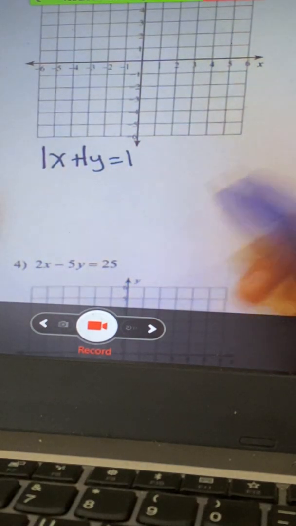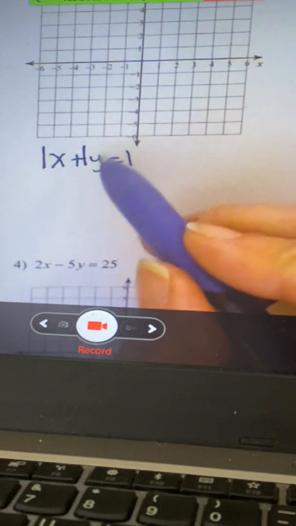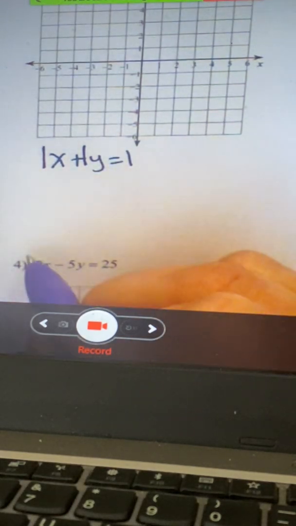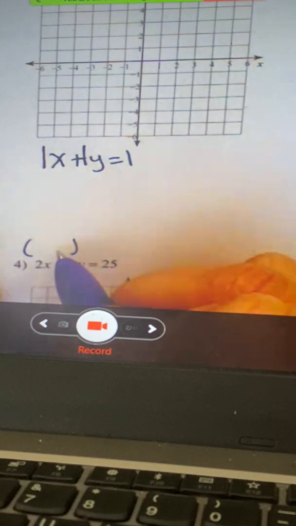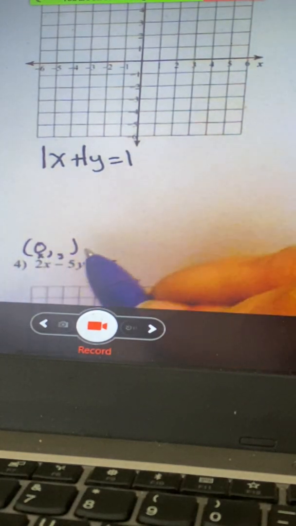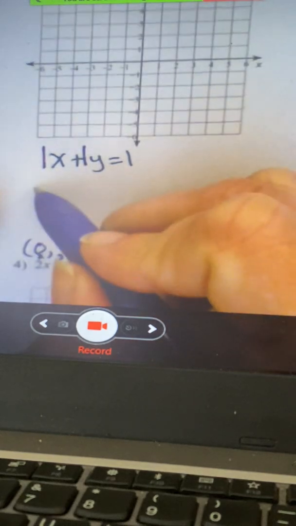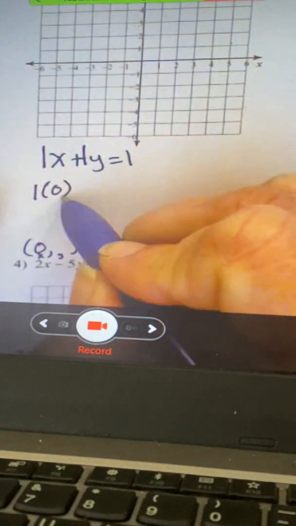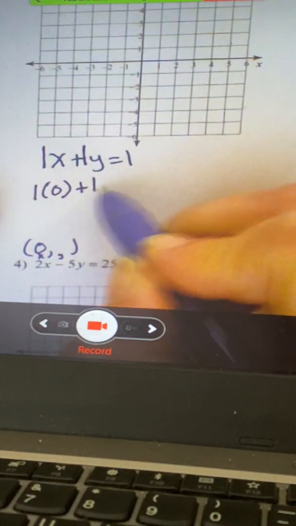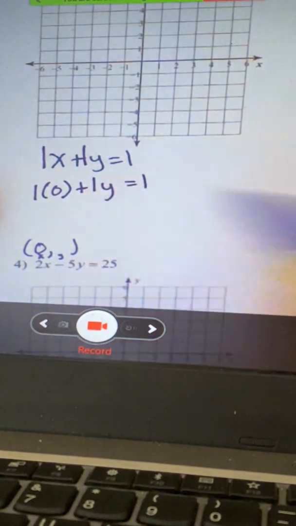All right, so let's go. What I want to do is the first time through, I want to plug the 0 in for x and find a y, right? So I'm going to say 1 times 0 plus 1y equals 1.